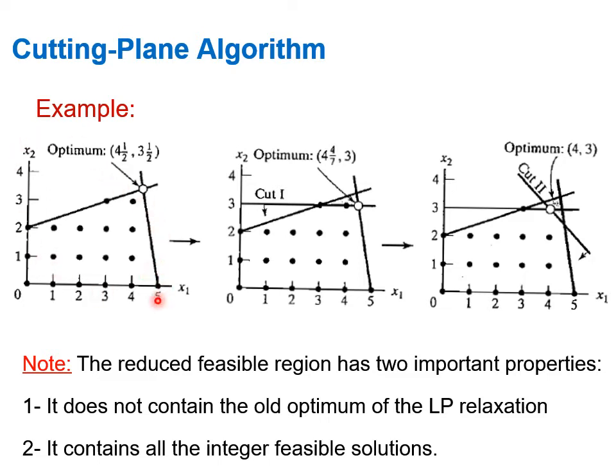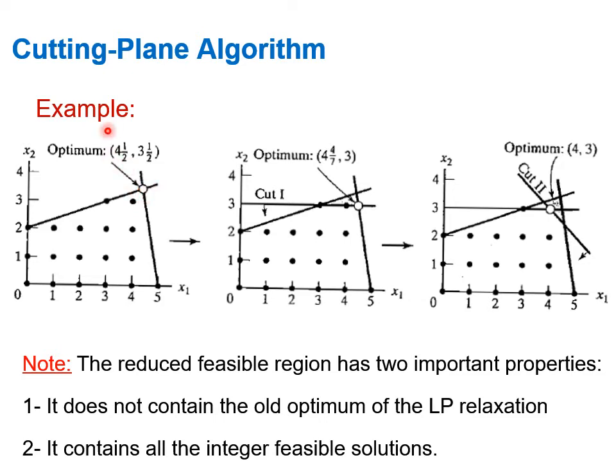So this is the feasible region of the problem, and these black dots denote the integer feasible solutions, and this area here is the feasible region of the LP relaxation.